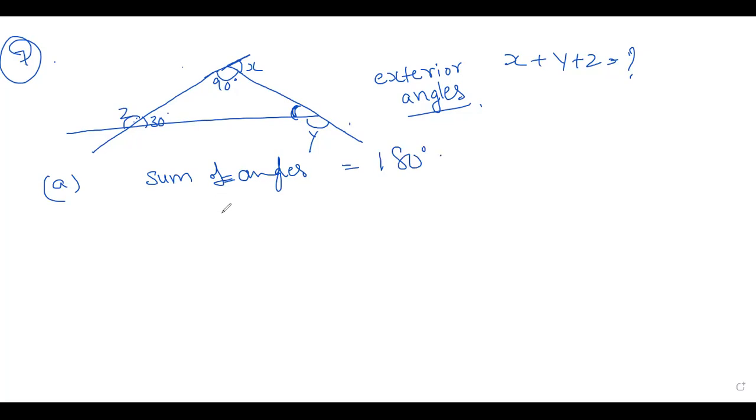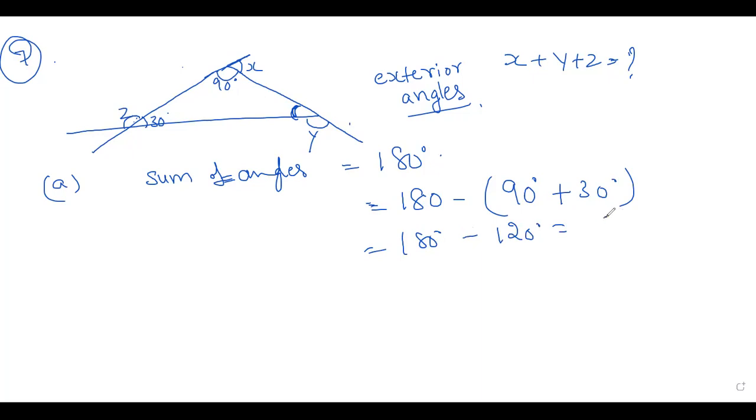So you can write 180 minus, two angles are given, that is 90 plus 30 degree, right? 180 minus 120 is 60 degree. So another angle of the triangle is 60 degree.